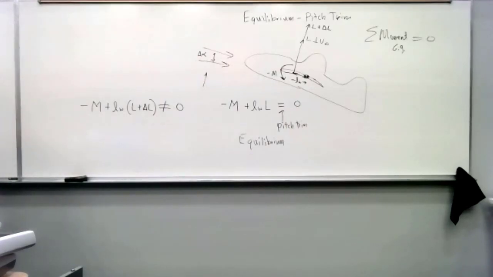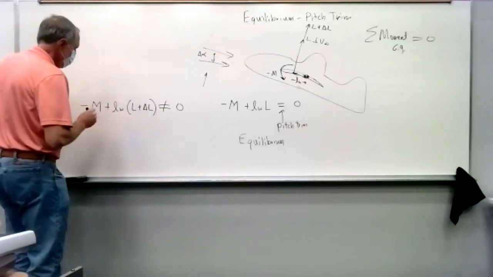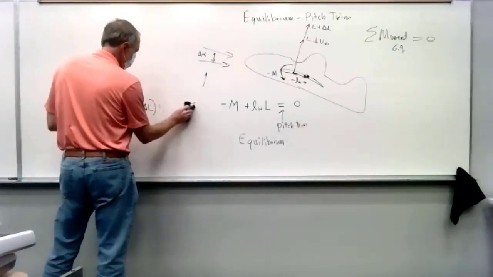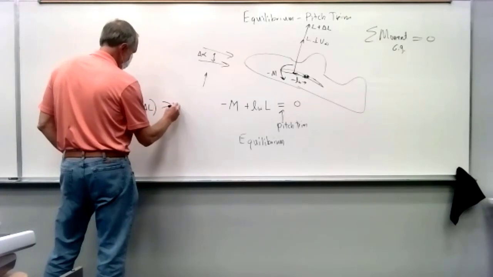Does everybody see that? So we're flying along, everything's balanced. Suddenly the gust comes along, the lift increases. That moment stays the same because remember that moment is constant with angle of attack by definition about the aerodynamic center. And so suddenly now we have a nose up pitching moment. In fact, this is greater than zero.